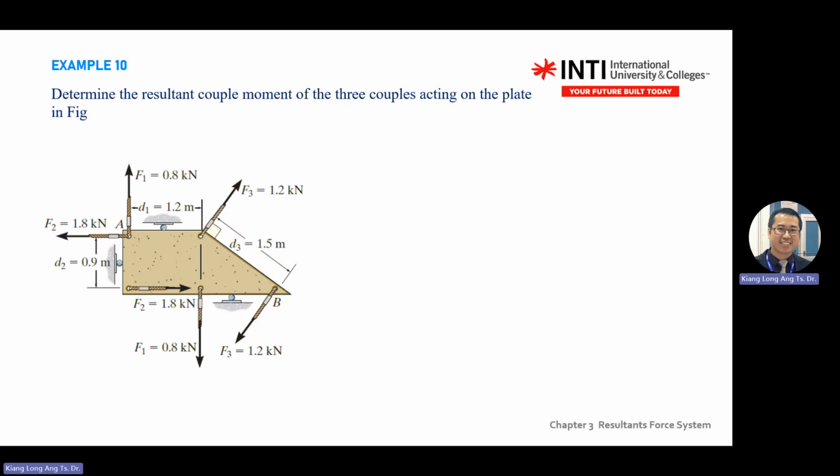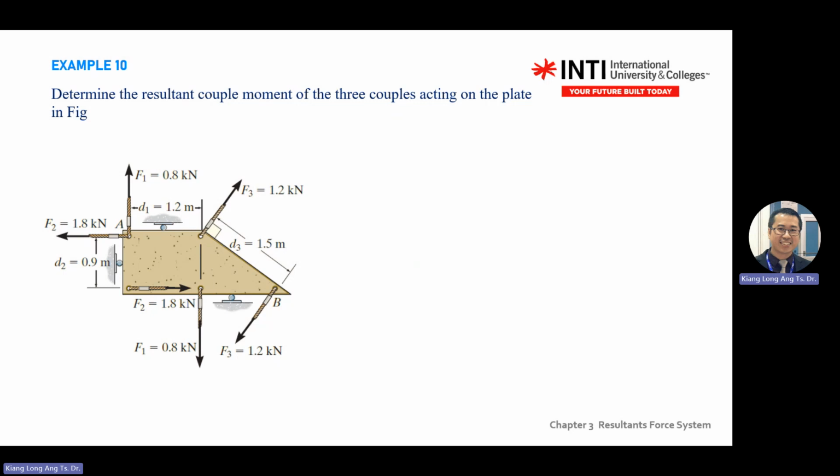For example, F1 pointing down, F1 over here. So you have the first couple turning clockwise. F2, this one and this one, turning anticlockwise. The D is here to here. F3 is here, and it is clockwise.